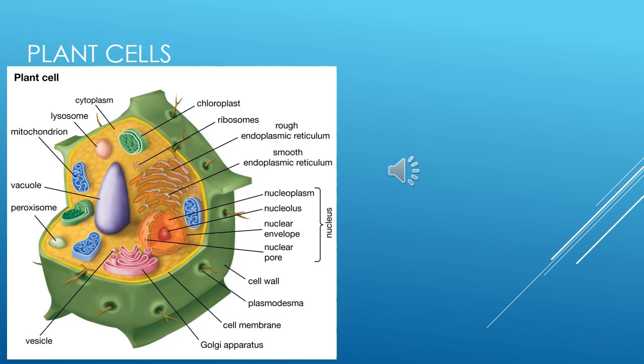What is important is to know that in the plant cell we pretty much have everything we'll find in the animal cell, but we just add 3 new structures. We add a cell wall, we add a chloroplast, and we add the large central vacuole, or the large permanent vacuole.